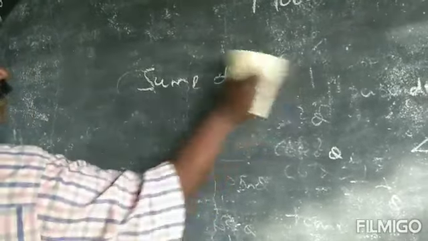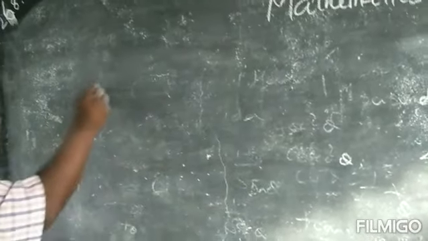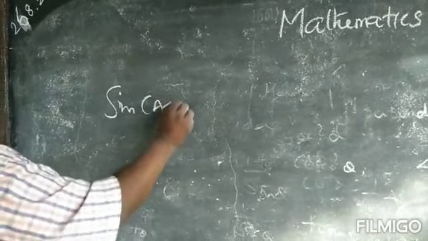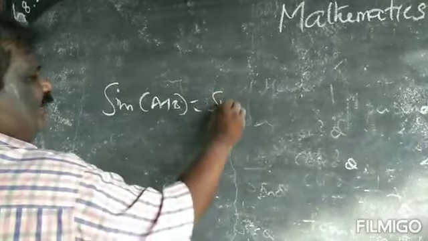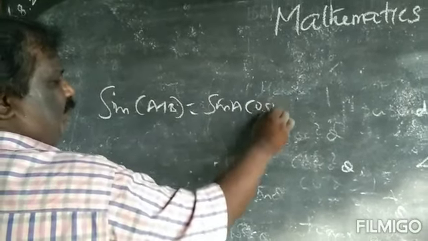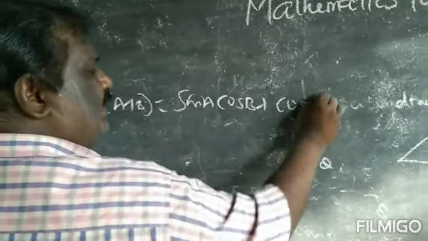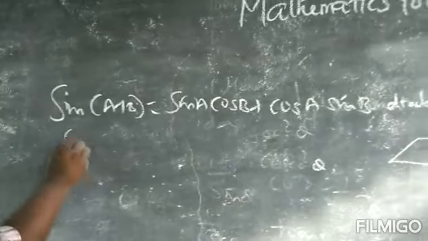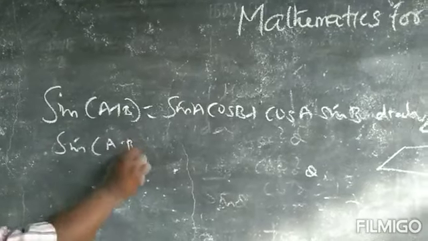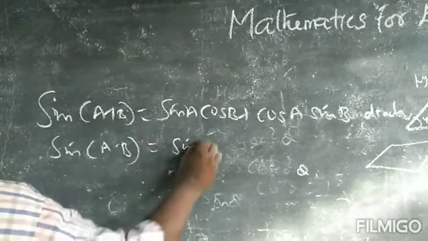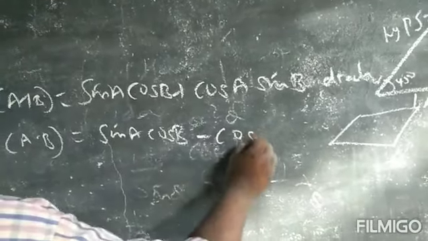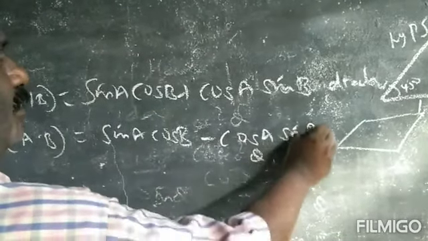As far as the sum identities are concerned, sin A plus B is equal to sin A cos B plus cos A sin B. Likewise, sin A minus B is equal to sin A cos B minus cos A sin B.